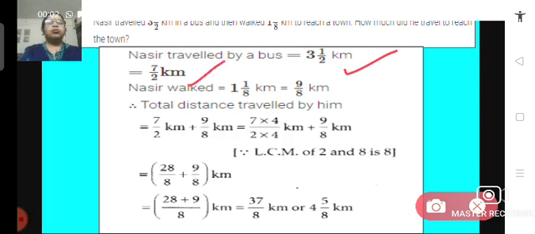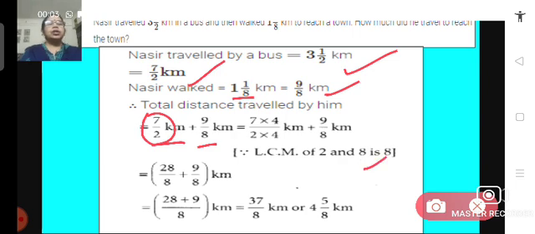And how much he walked? It is 1 1/8 kilometers, that means it is 9/8 kilometers. Now the total distance travelled by him is 7/2 kilometers plus 9/8 kilometers. Now we multiply this fraction 7/2, both the denominator and numerator by 4, to get the denominator as 8, because LCM of 2 and 8 is 8.